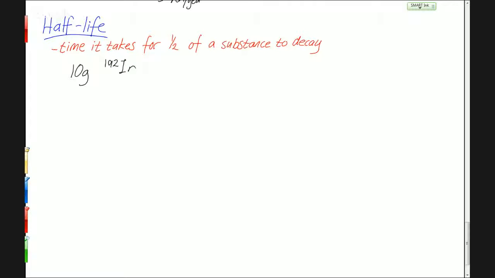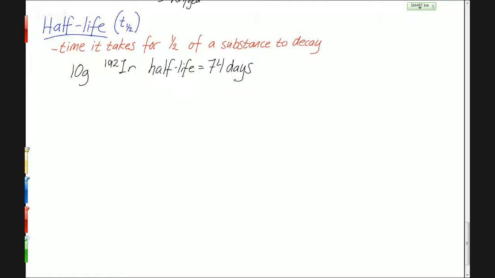This is a radioactive isotope that decays, and its half-life is 74 days. Another way that half-life is written is a T with a little 1/2 below it. So that means half-life, time it takes for half of it to be gone.